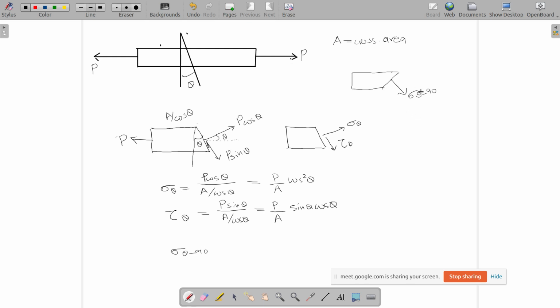And what will be that value? If this is P cos theta, this is going to be P sin theta, and the cross section area is going to be A by sin theta, so it is equal to P sin theta divided by A by sin theta, and finally P by A sin square theta.